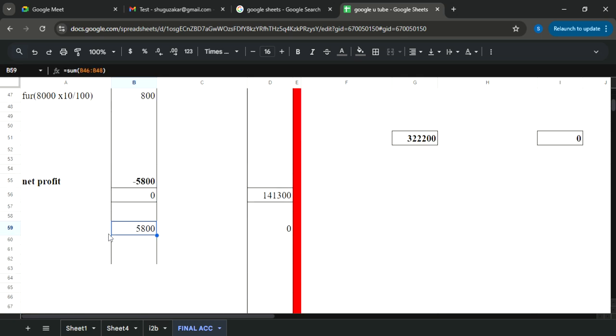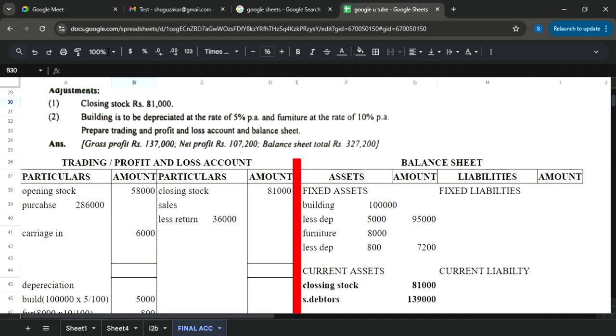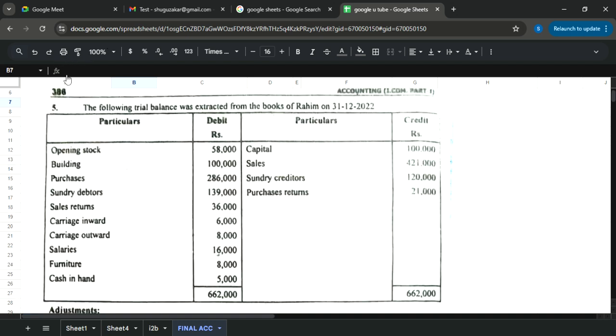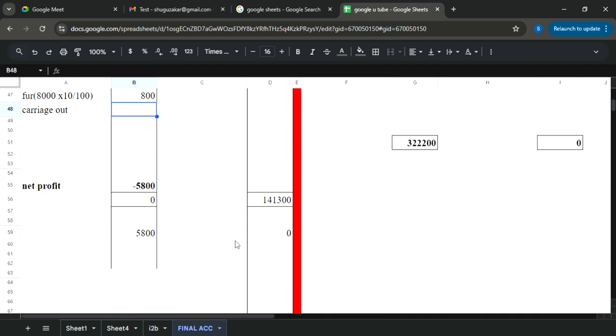So you will come over here. At indirect expense, you will write carriage out. Amount of carriage out is 8,000. So you will put 8,000 over here.